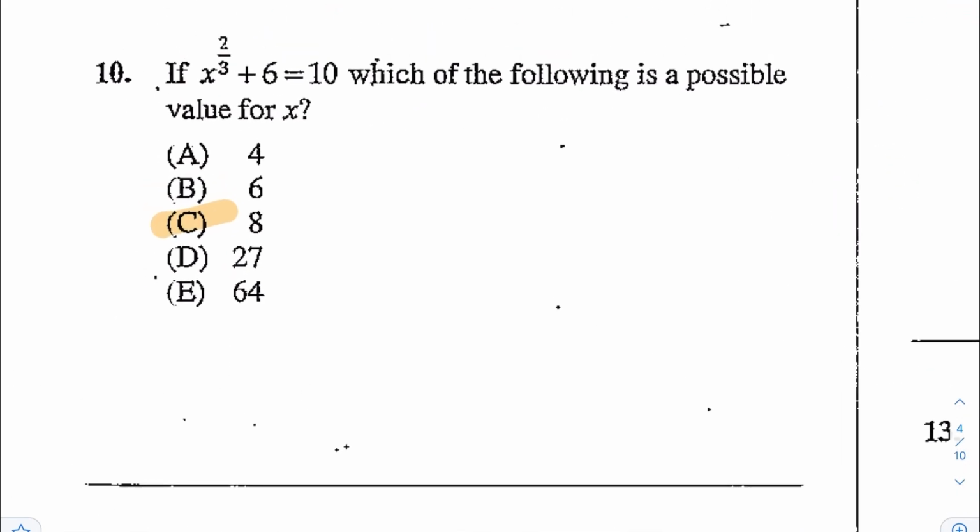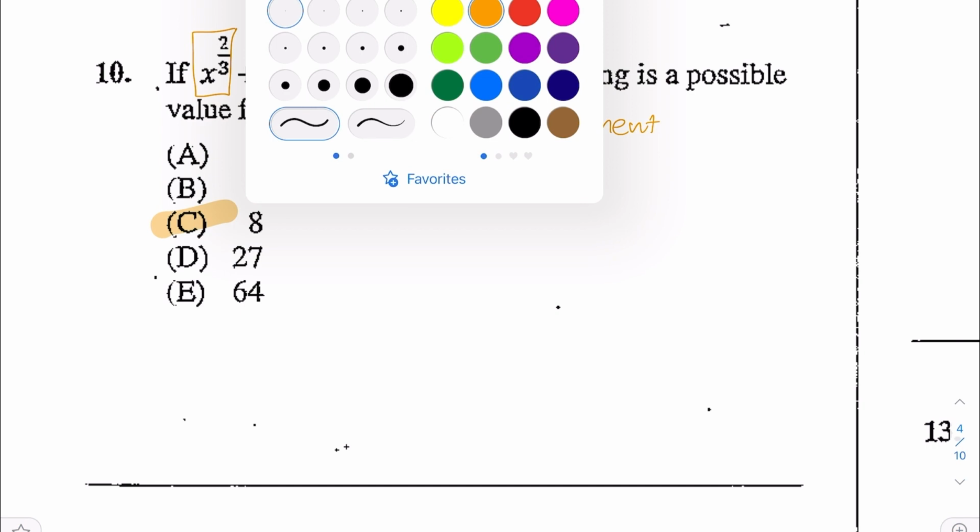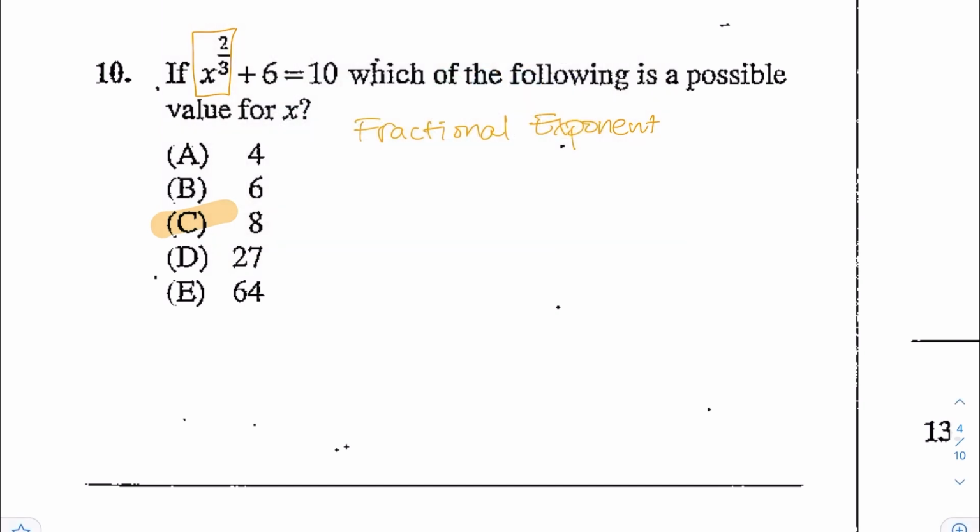Next for number 10, x to the 2/3 power plus 6 is equal to 10. Which of the following is a positive value for x? So the important part is this fractional exponent. And exponents can be fractions. For a fractional exponent, it boils down to 2 parts, the numerator and the denominator. So you have the base raised to the a over c power.